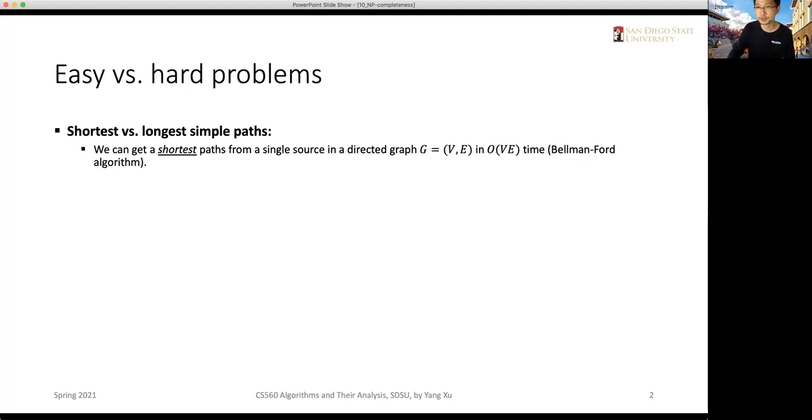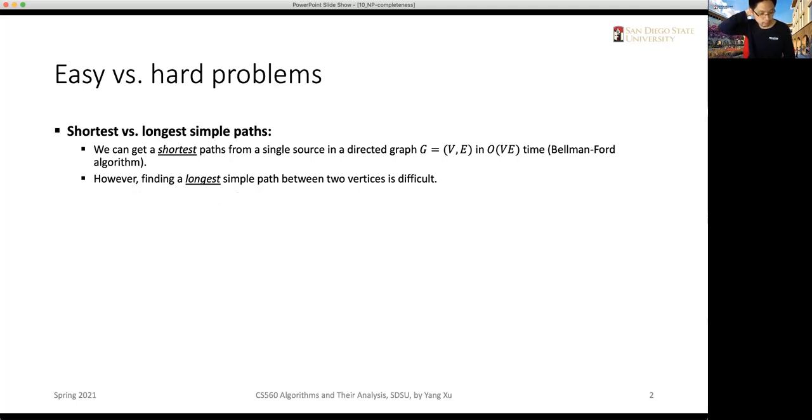So that is the shortest path problem, but if it is the longest simple path that we want to find, even if it's between two vertices, then it will be a very difficult question.